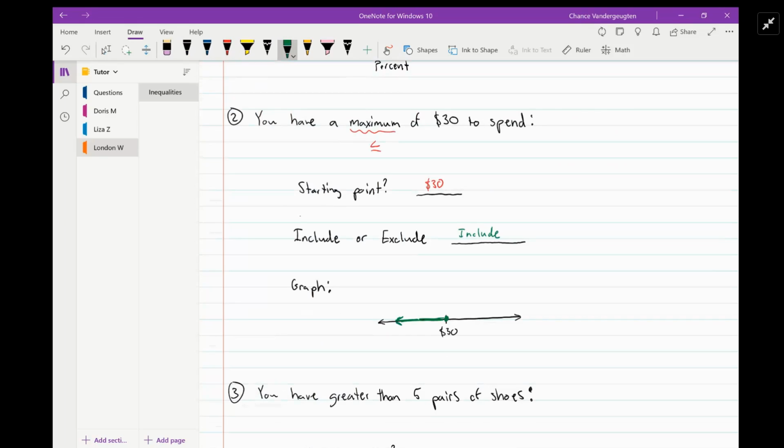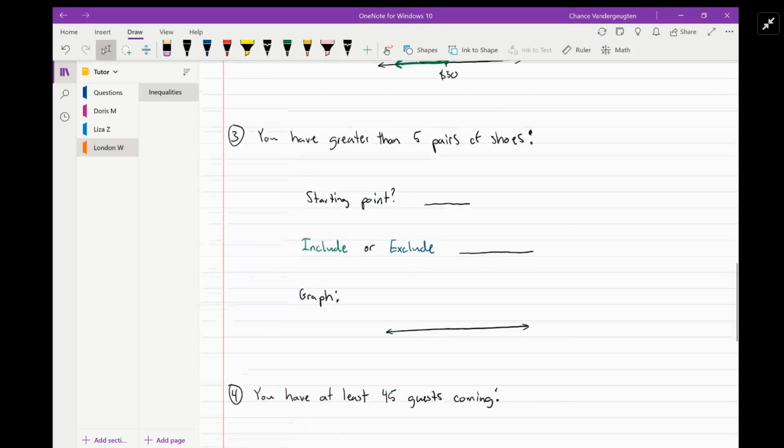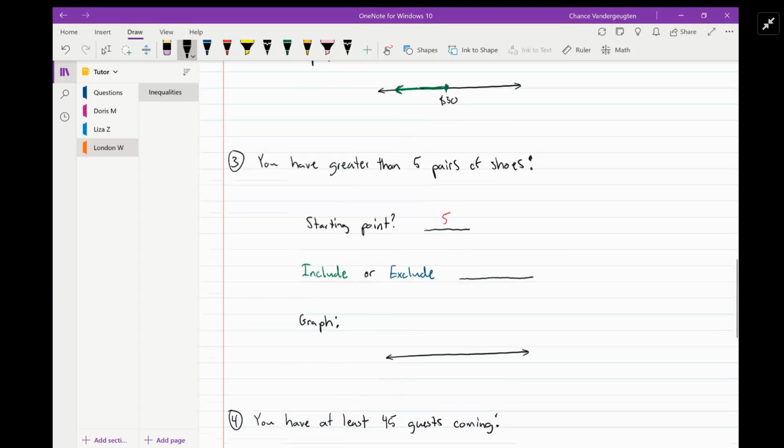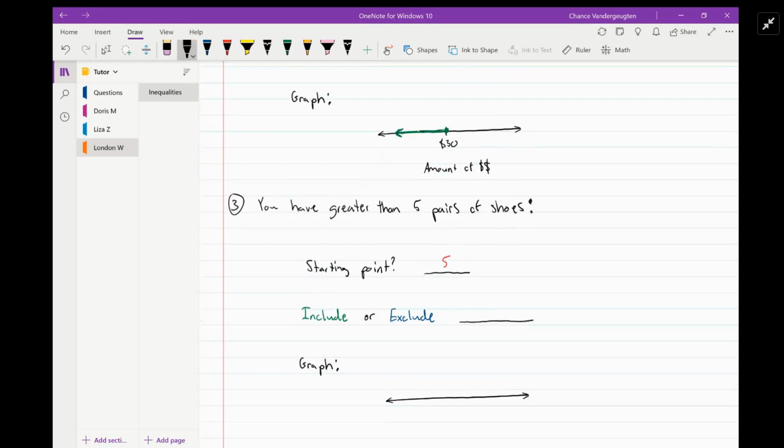So let's go to the next one. You have greater than 5 pairs of shoes. So what is our starting point? Our starting point is going to be 5 pairs of shoes. And I'm so sorry, I forgot to label the graph up here. So we can just label this amount of money, whatever is appropriate.